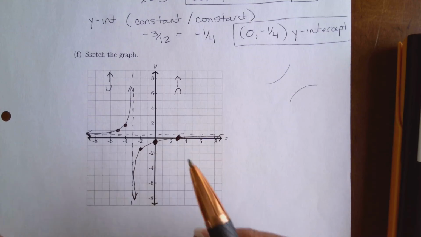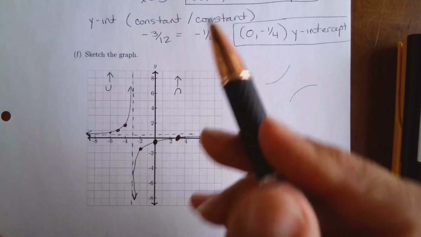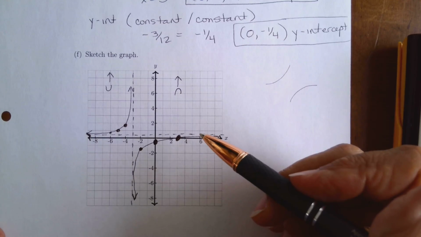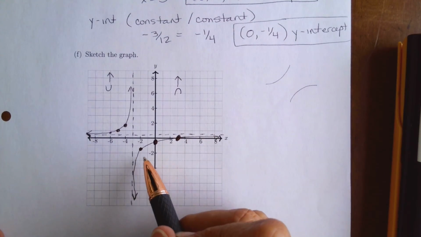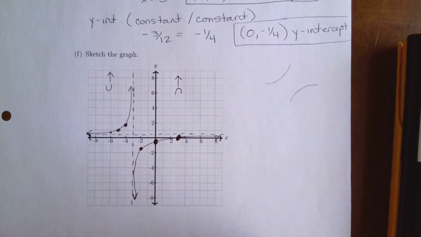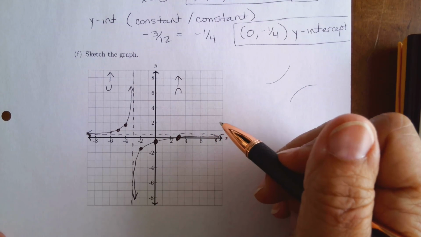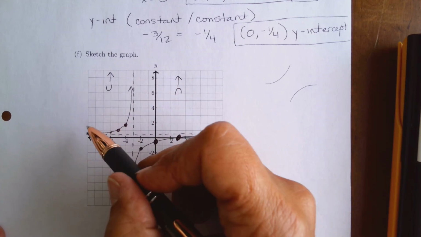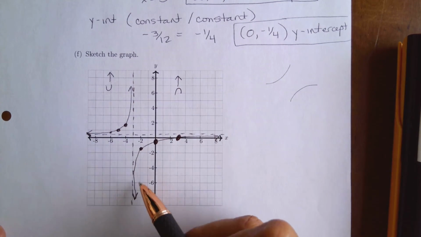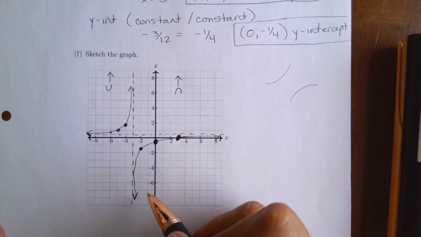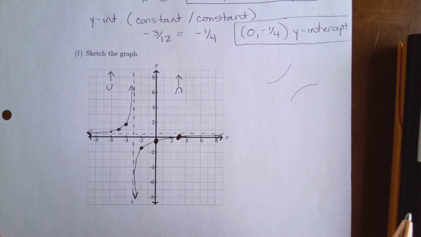So you can still do the shapes, we can still do the boundaries, but typically for rational functions, as soon as you have a couple points, you automatically can see the way that curve is going to go. So, you know, use what you need to, okay? But it did check out. This is definitely increasing everywhere. Pen's going up everywhere. And this side's definitely concave up, and this side's definitely concave down.